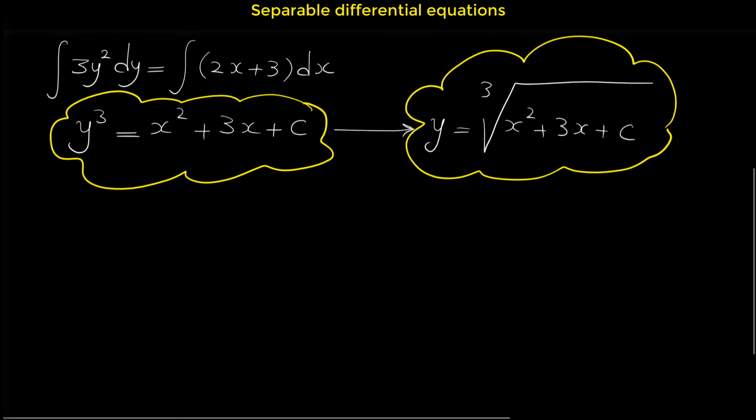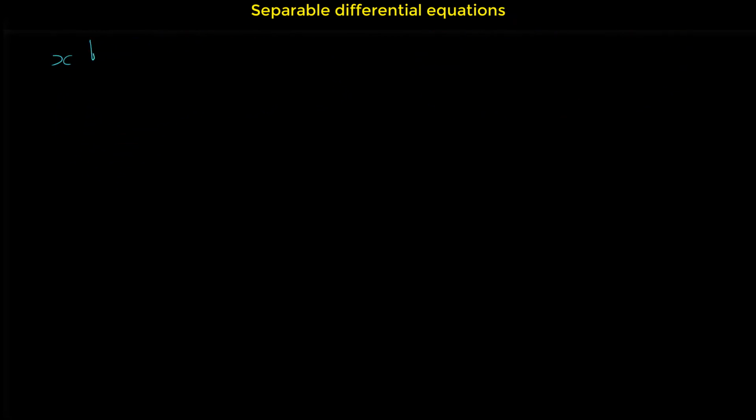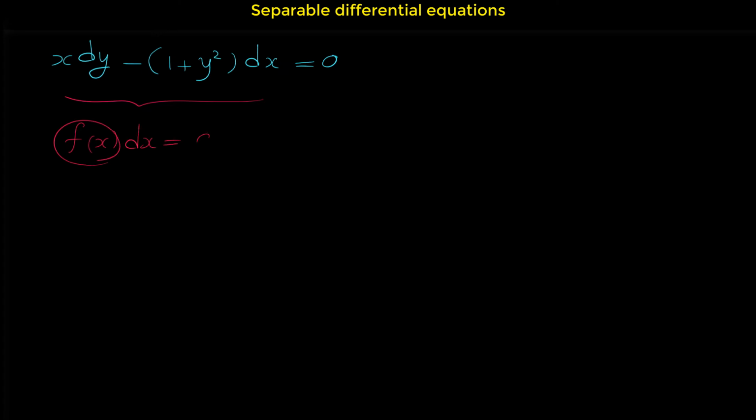Let's do another example. The differential equation is x dy minus 1 plus y squared dx equals 0. The first step is to try to write this differential equation in the form of something of x dx equals something of y dy. Note that the coefficient for dx should be f of x and the coefficient for dy should be g of y.